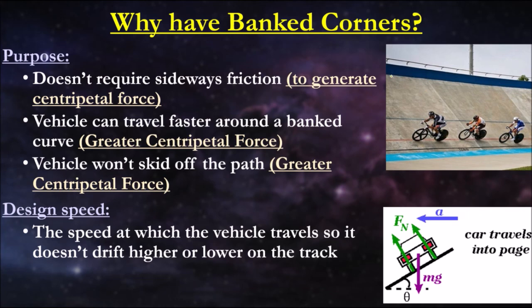In indoor biking arenas, the reason it's banked is that bikers can travel at a much faster speed without worrying about deviating from their path or crashing, because there's a much stronger net centripetal force pulling them inwards. That's what we know as the design speed, the speed at which the object can go without drifting up or down.